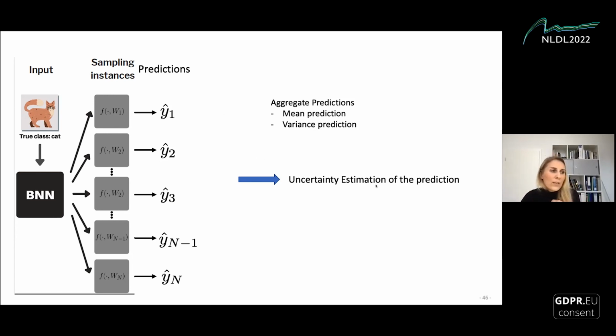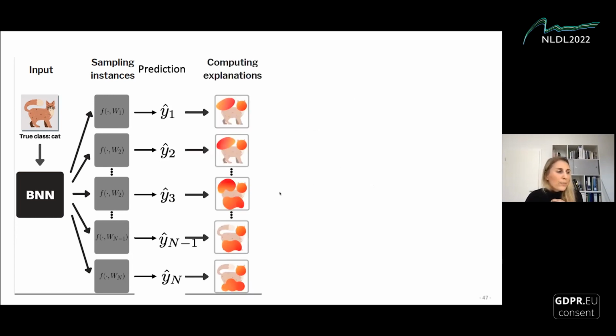So this uncertainty estimation helps us a lot to gain a bit more trust in the model outcome. And now we wanted to transfer this uncertainty estimation information also into our explanations.